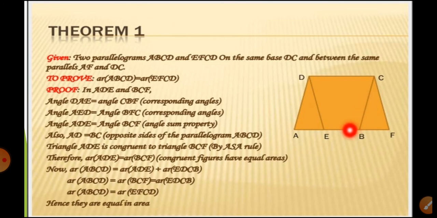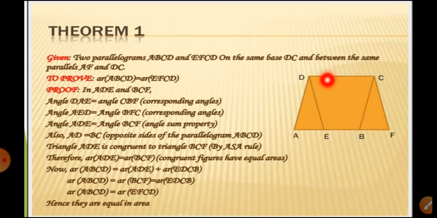Triangle ADE is congruent to triangle BCF by the angle side angle rule. Therefore, the area of triangle ADE is equal to the area of triangle BCF. Clear?